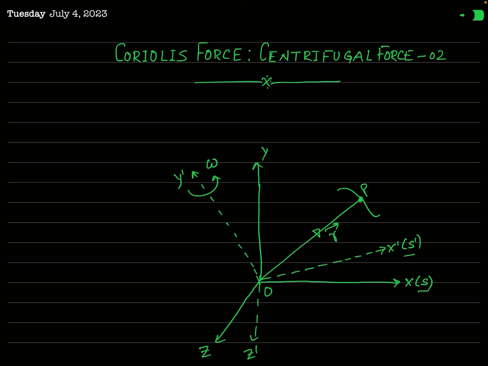And this is the particle P, which is in motion in space. The observers of these two frames observe the motion of the particle, and we have learnt what is the acceleration of the particle in the rotatory non-inertial frame.